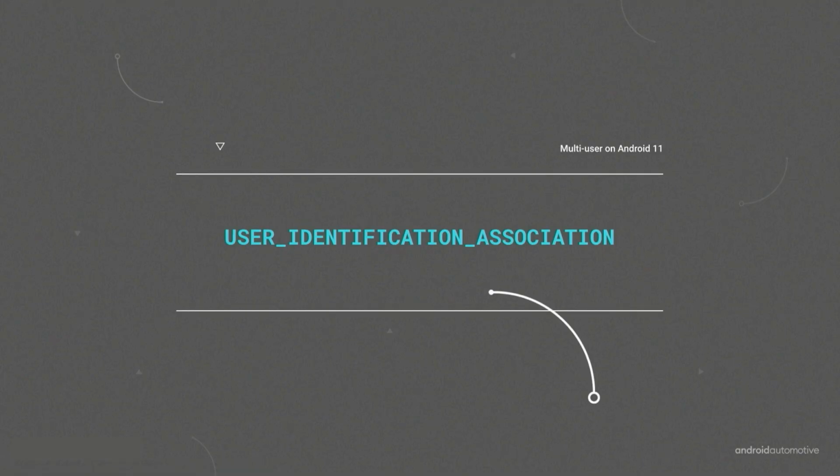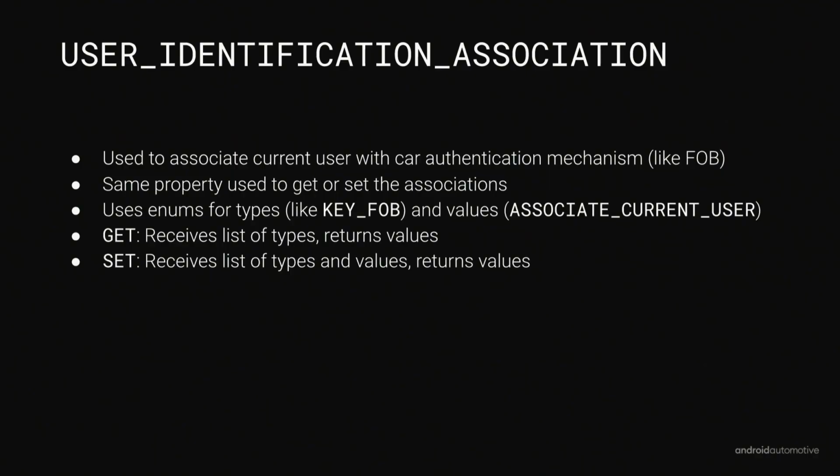The final property you have to implement, I mean, actually, these four previous properties you would have to implement if you're supporting user Hall. We have to implement all of those properties. But optionally, you can also add this user identification association property, which is used to associate a user with an identification mechanism. So what exactly is an identification mechanism?